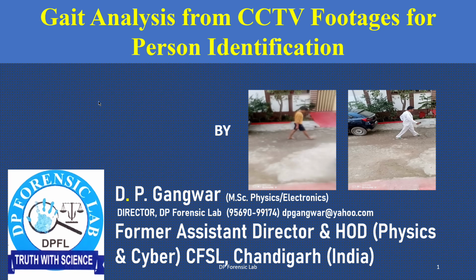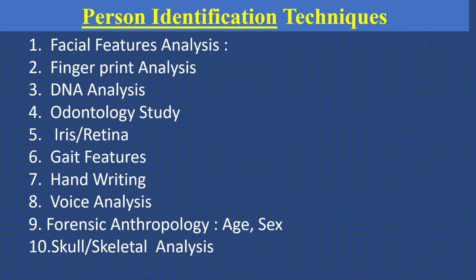In today's video, I will discuss gait analysis from CCTV footage for person identification. I have described the main techniques used for person identification for forensic use in my previous video.